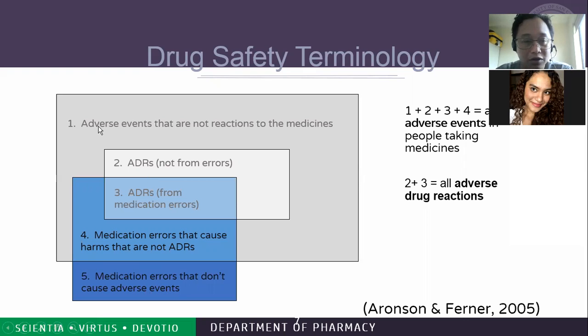So there are some methods to establish clear causation of an event to be an adverse reaction. At first we identify the adverse event, and we can go with several methods to assess whether it is an adverse reaction or not.